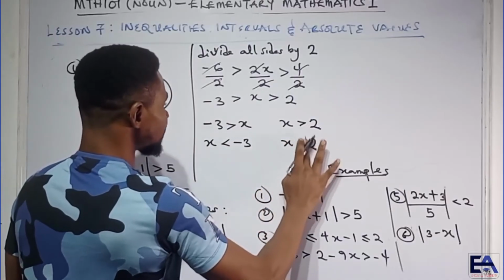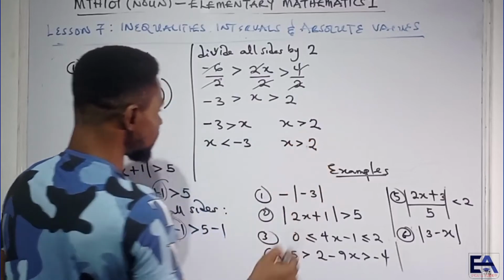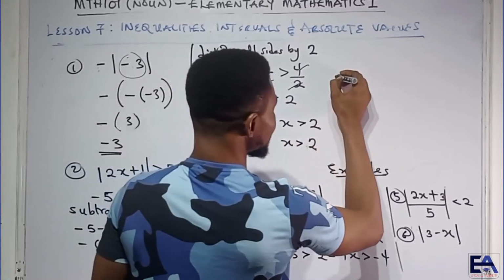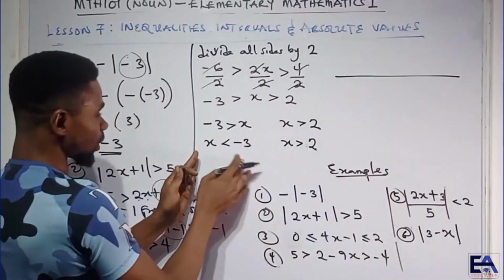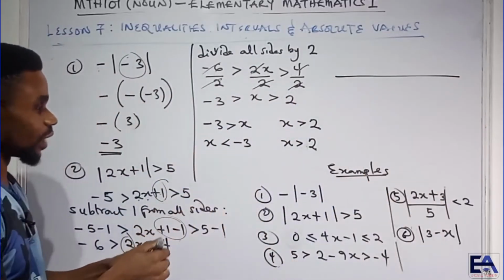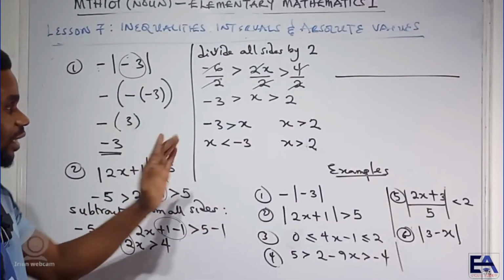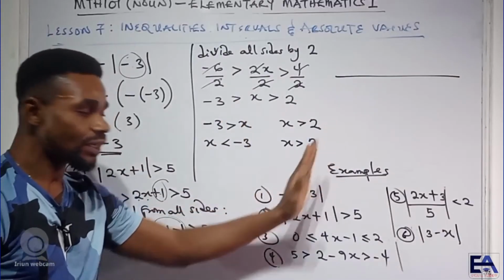So, which means that the regions that satisfy this inequality, if you have a number line, are the values of x that are less than minus 3, and the values of x that are greater than 2.